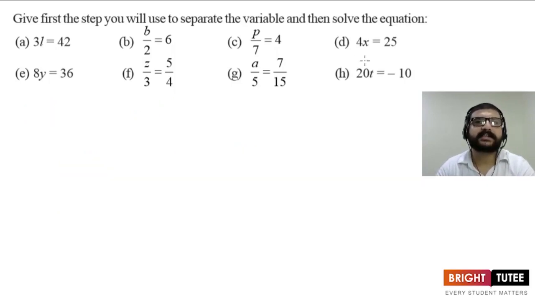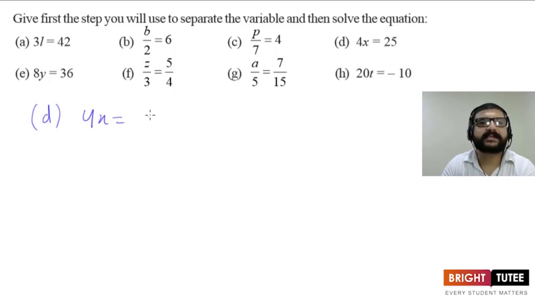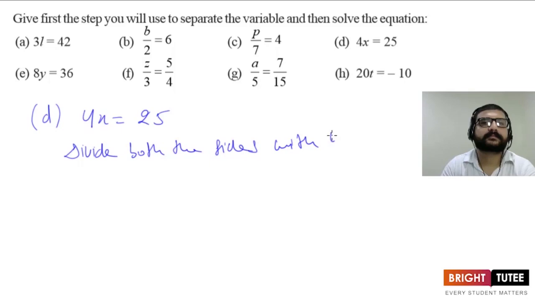Now the next question is question D, which is 4x is equal to 25. Now here to separate the variable we have to remove this 4 which is written with x. And how can we do that? We can do that by dividing both the sides with 4.